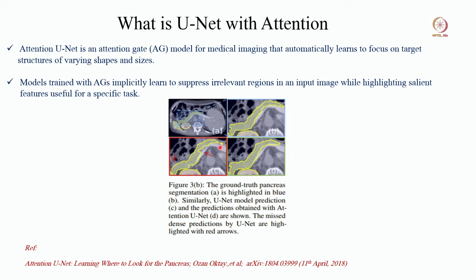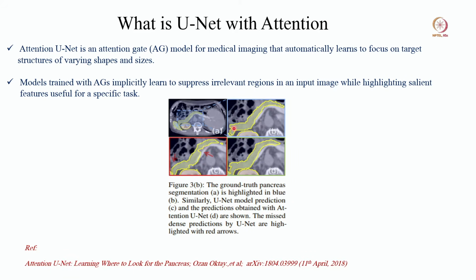Now image C in this set shows the segmentation done using UNet architecture. If we see, these red arrows show that there are two places where it is not matching with the ground truth segmentation mask.